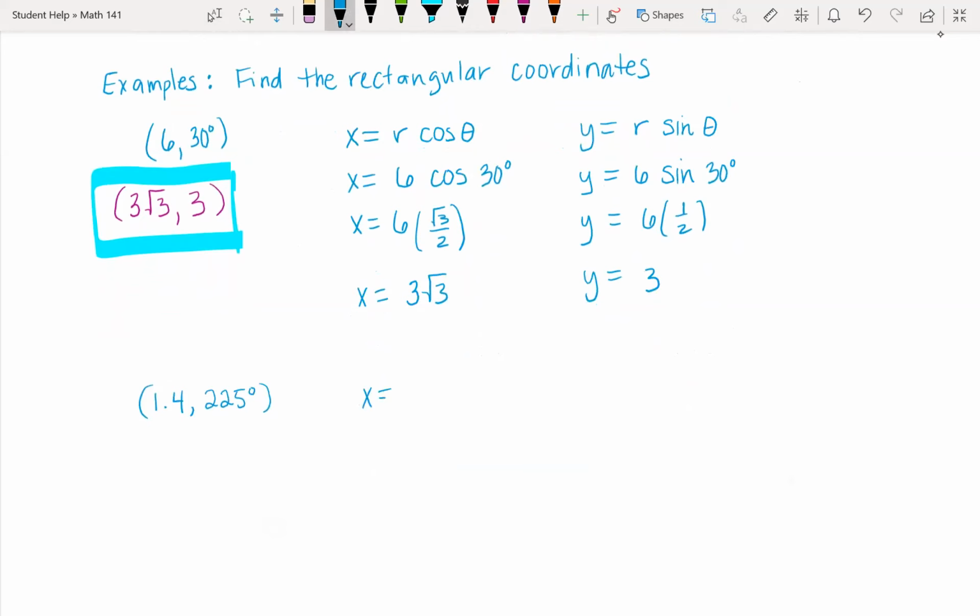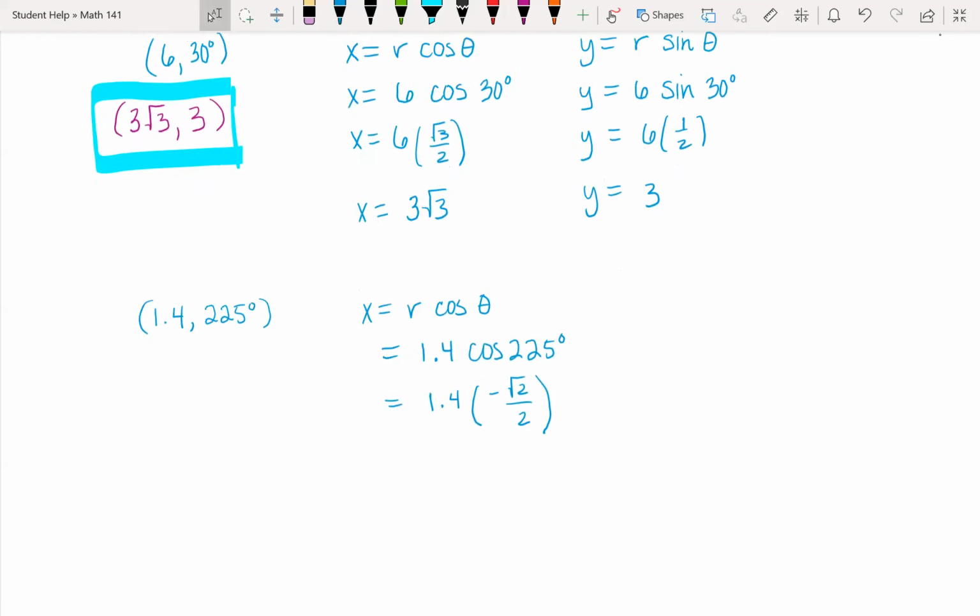So x is going to be r cosine theta, or 1.4 times the cosine of 225 degrees, which is 1.4 times negative square root of 2 over 2. If I take the 2 and divide it into the 1.4, that gives me negative 0.7 times the square root of 2.